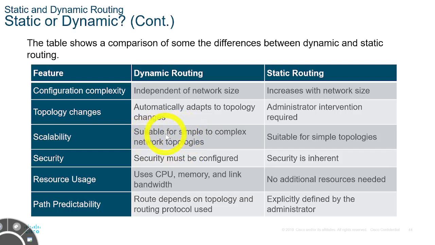All the routers use these updates at the same time to have a converged network eventually. But static routing we usually use for simple topologies and small network sizes.